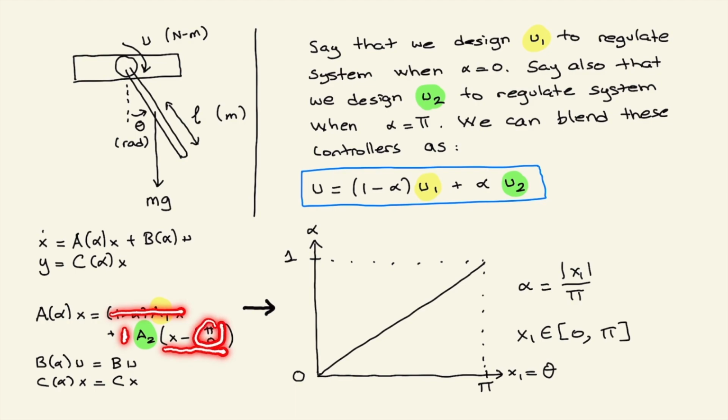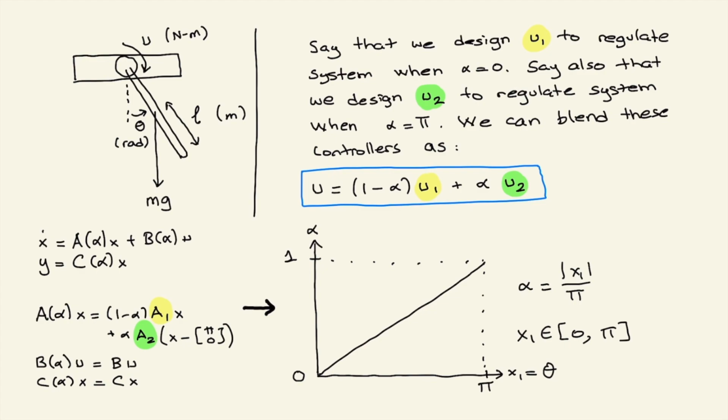We subtract this from x, because don't forget, actual x around here is pi. When you subtract pi from pi, you are approaching the 0 equilibrium of the upward motion. And since in this example B and C matrices are the same, B alpha is basically B, C alpha is simply C that we use.